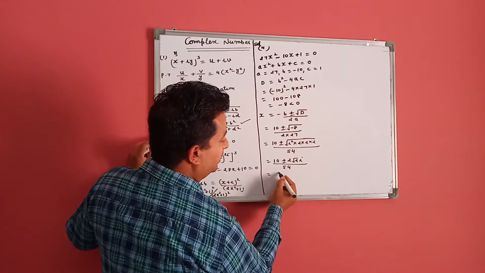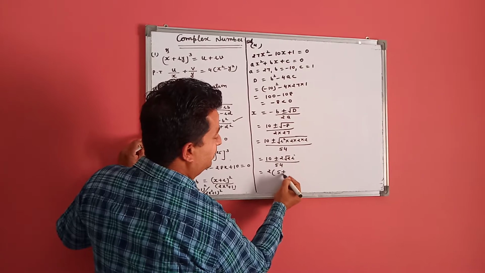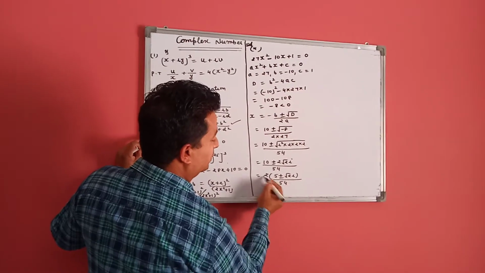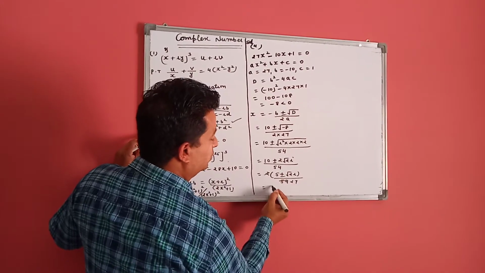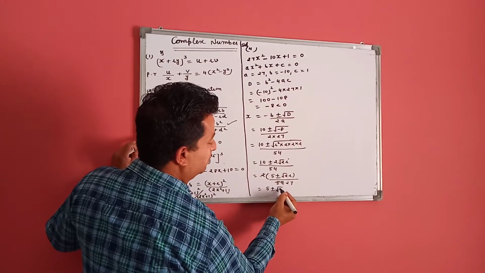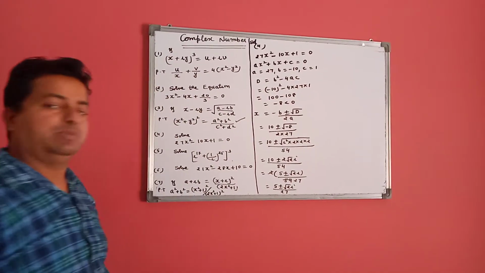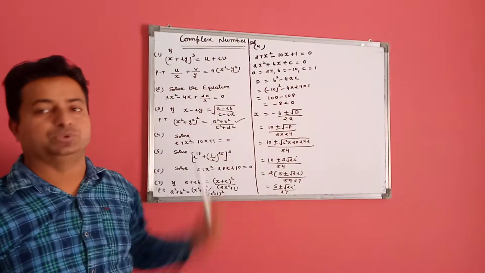Take 2 common, then this equation is 5 plus or minus under root 2i by 27. This cancels out. The roots of the equation are plus or minus 2i by 27. These are the imaginary roots of this equation.